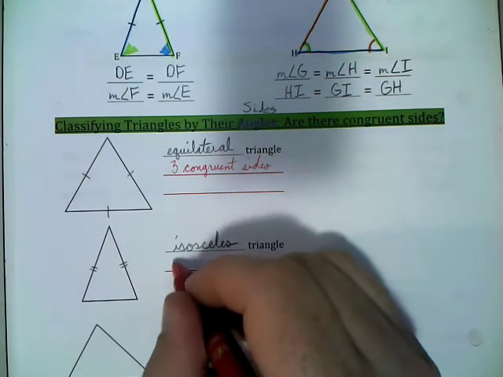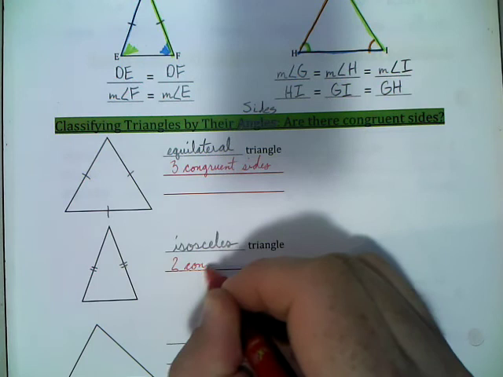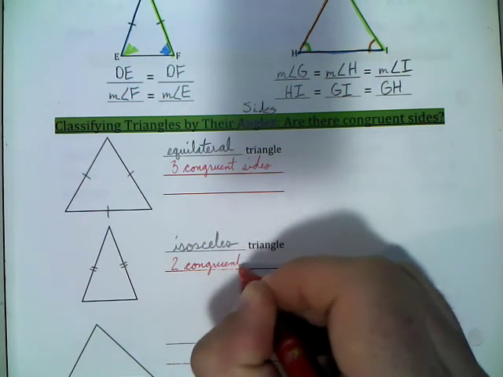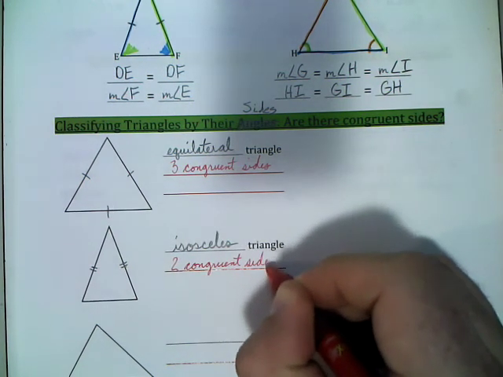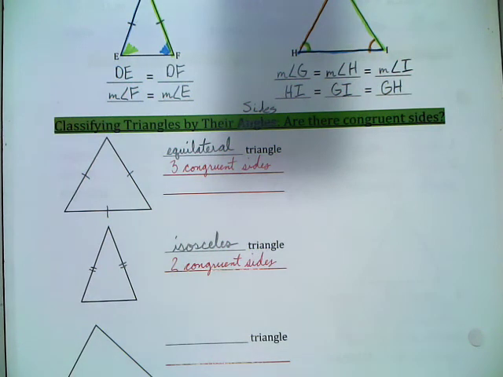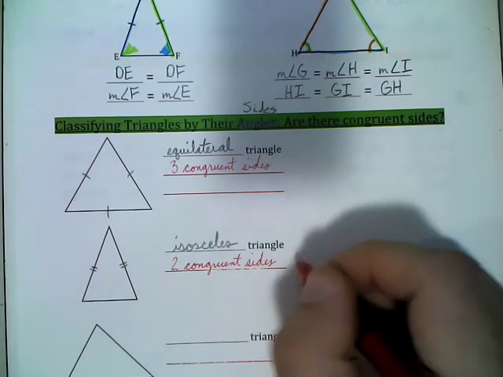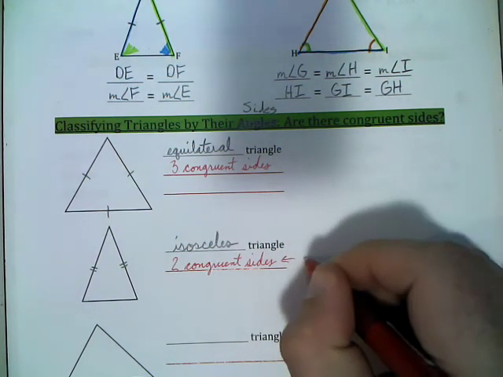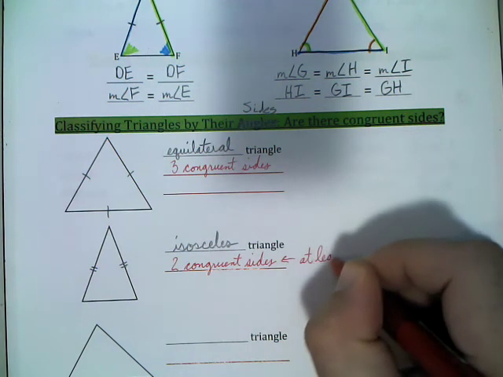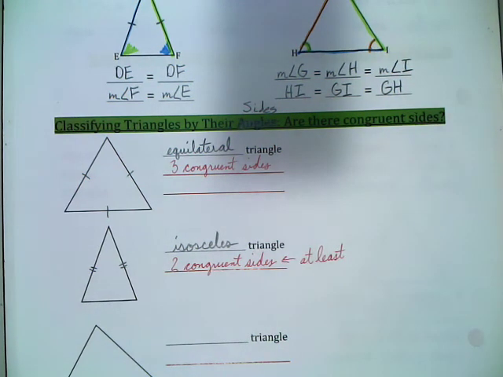So this has two congruent sides. So we don't have all three congruent anymore, just two congruent sides. Now, isosceles triangles can be just a little bit tricky because the definition actually says at least two congruent sides.